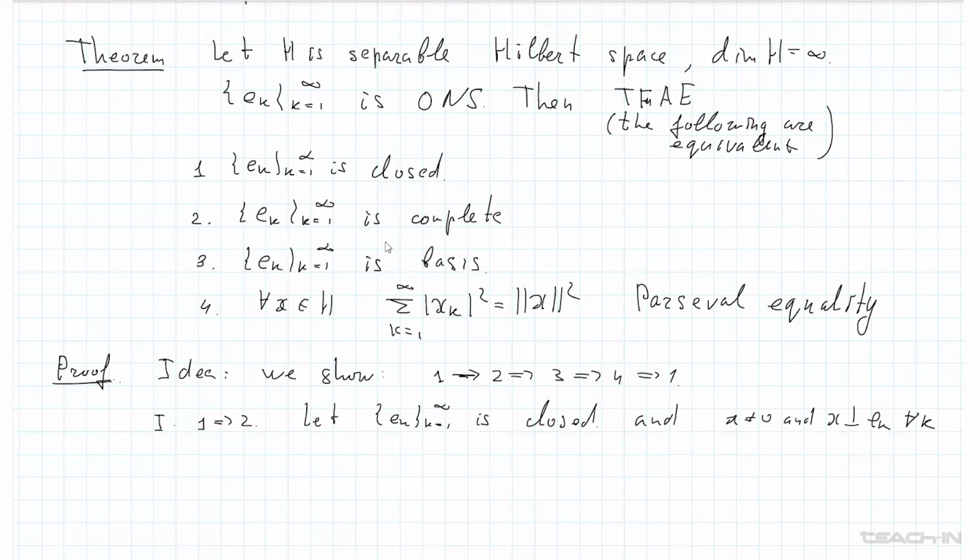By the closeness of the system, there exists a linear combination, sum of c_k e_{n_k}, for some sub-indexes n_k, not in this order, it is not a basis, such that there exists a sequence of linear combinations which tends to x.